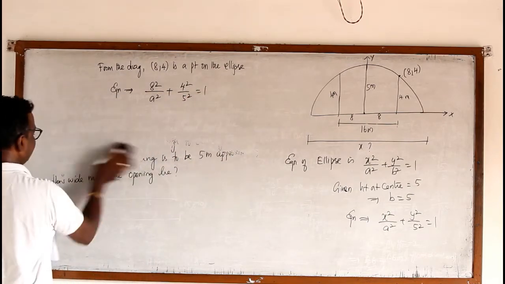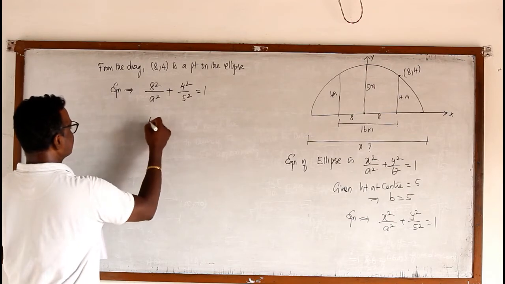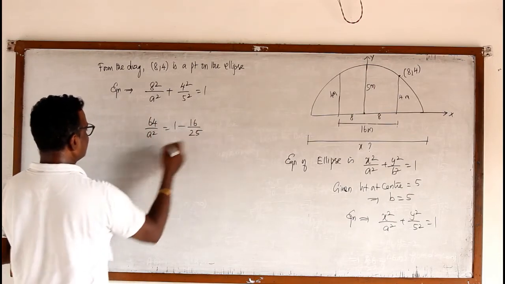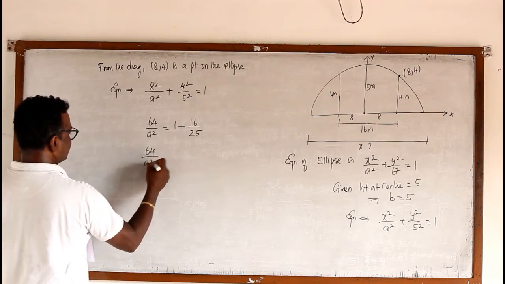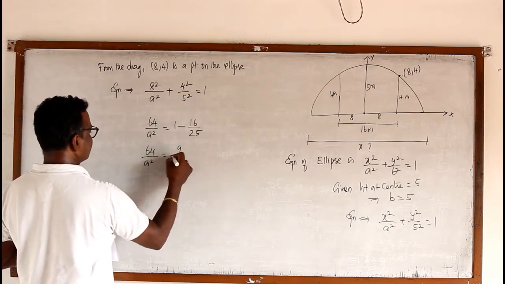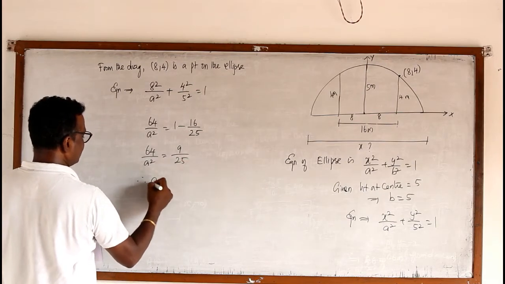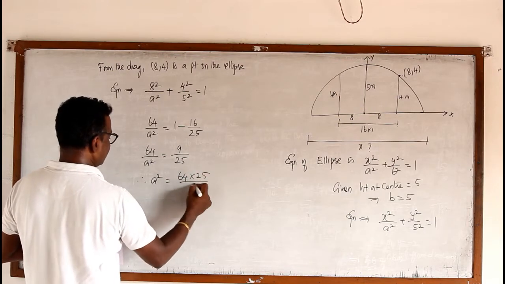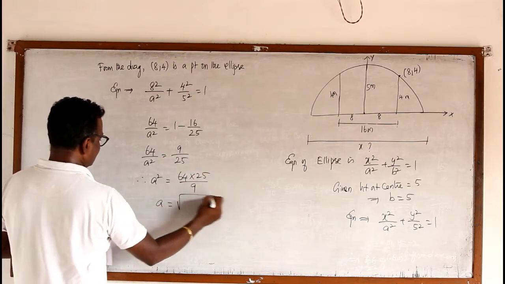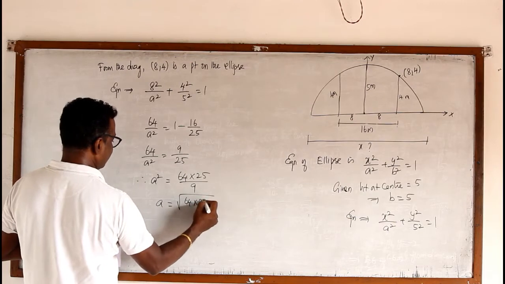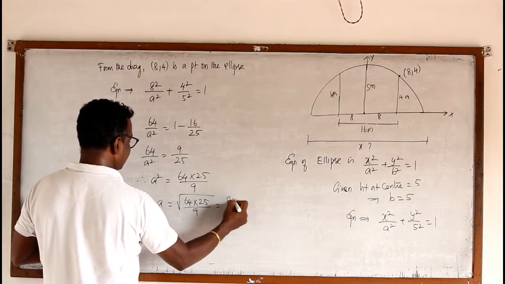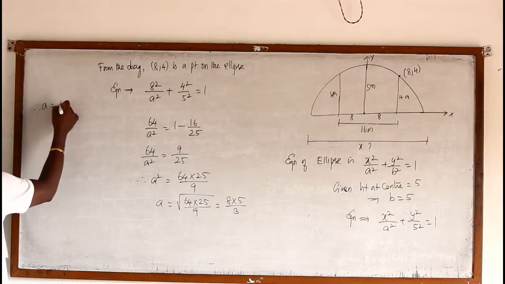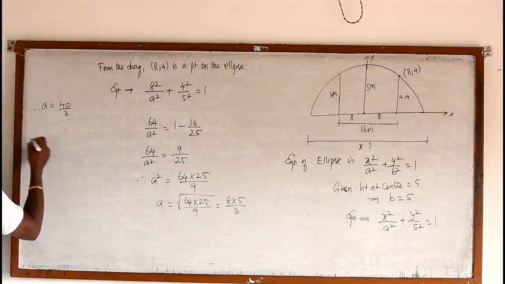From this we shall find the value of a. That is 64 by a square equal to 1 minus 16 by 25. 64 by a square is (25 minus 16) by 25, which is 9 by 25. Therefore, a square is 64 into 25 by 9. So a is the root of 64 into 25 by 9, that is 8 into 5 by 3. Therefore, a equal to 40 by 3.